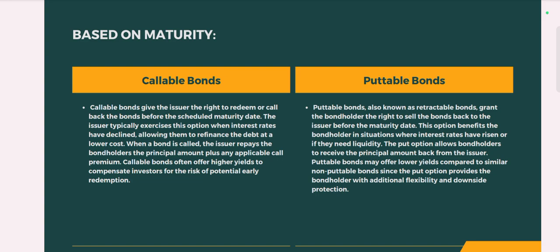The put option allows bondholders to receive the principal amount back from the issuer. Puttable bonds may offer a lower yield compared to similar non-puttable bonds, since the put option provides the bondholders with additional flexibility and downside protection.